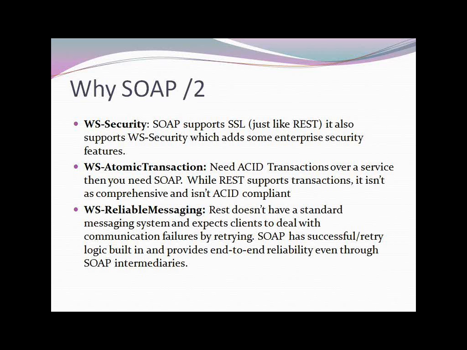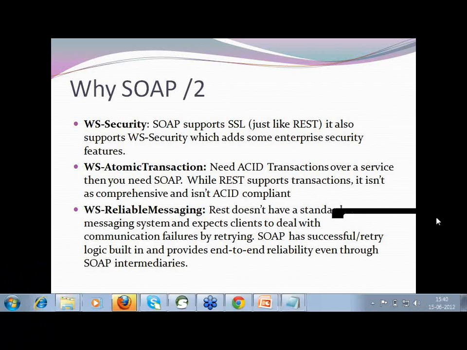The third and last one, but it's really important, is reliable messaging. In REST, if the first try went wrong, you don't have any failure message, or you can't retry. But in the case of SOAP, you can retry it. You have visibility into what is happening in between, what is failing and why it's failing.